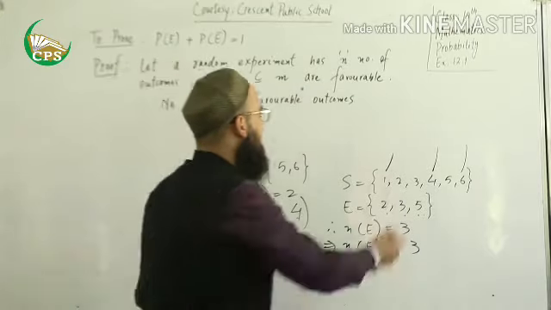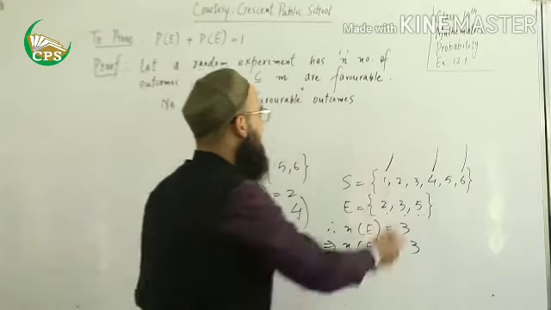Now see, we know the formula. Probability of event is number of event divided by number of sample space. Number of event means number of favorable outcomes, which is m. N is the total number of outcomes.